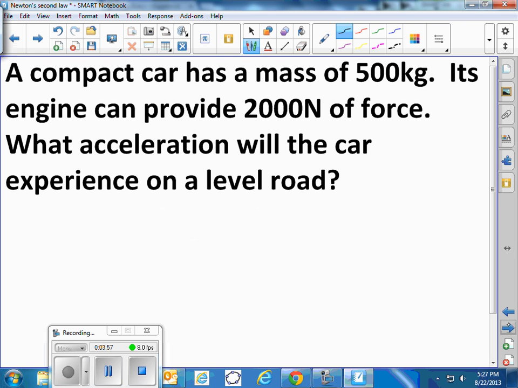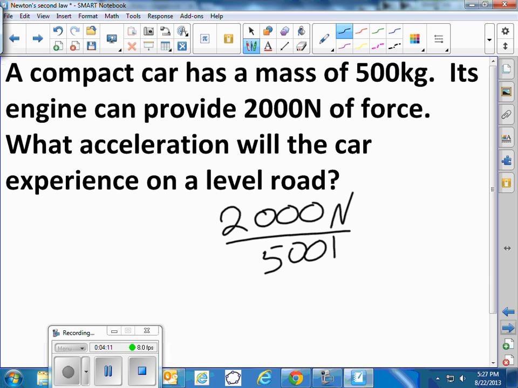So a compact car has a mass of 500 kilograms and a force of 2,000 newtons. You take 2,000 newtons divided by 500 kilograms, and you get 4 meters per second every second.